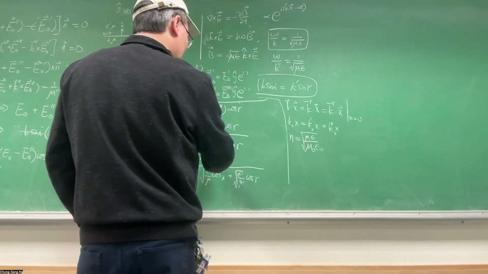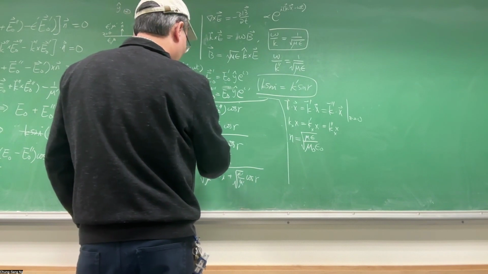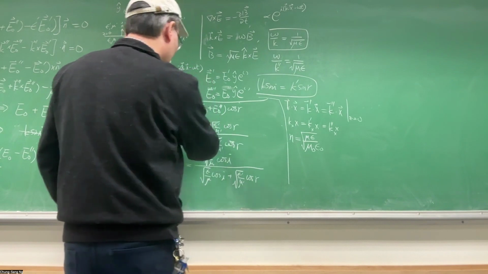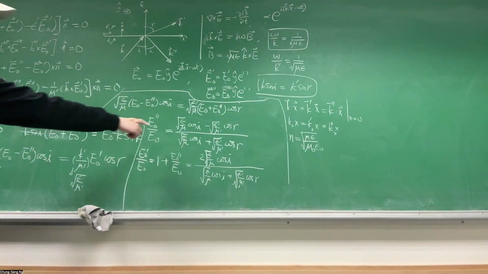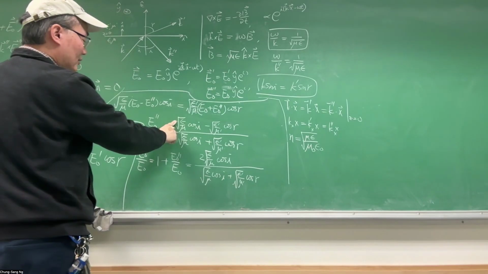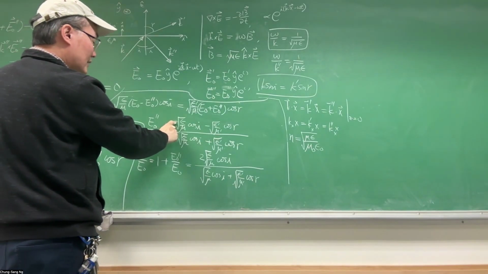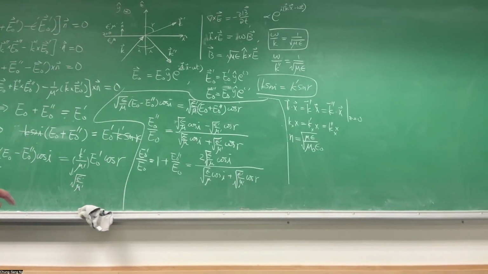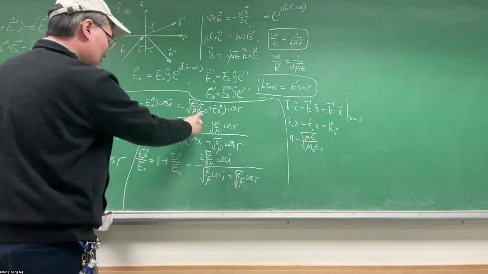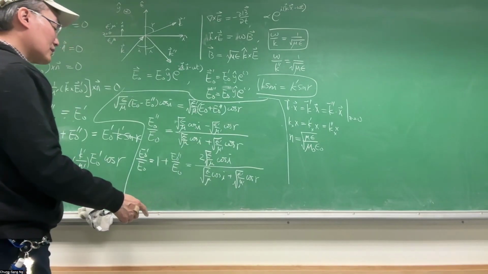So this one will be proportional to n divided by mu. All these square roots of epsilon over mu give n. Like this one is n divided by mu, because the epsilon 0, mu 0 is all cancelled between the numerator and denominator, so we don't need to keep that.